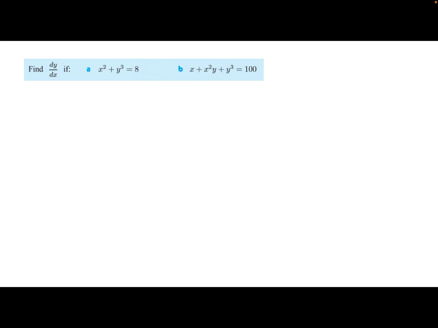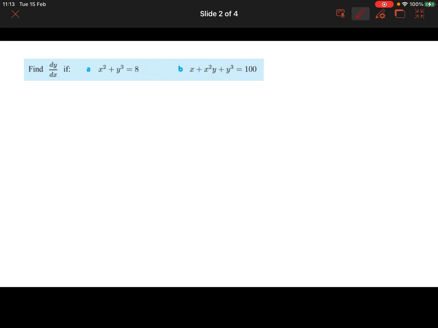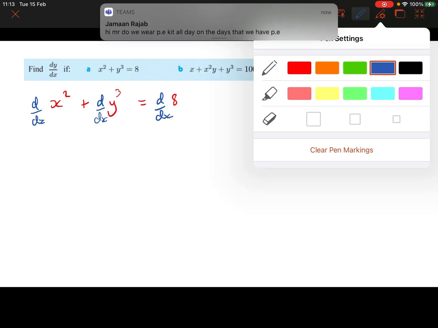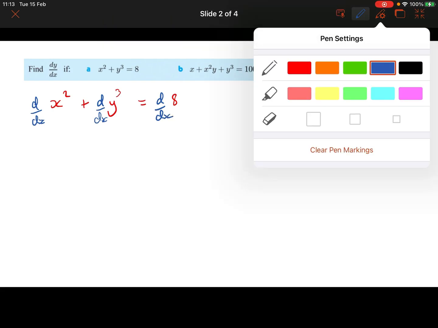Let's have a look at A here, which is nice and easy. We're going x squared plus y cubed equals 8. So again, differentiate each of these bits of the function with respect to x. First bit here is easy.